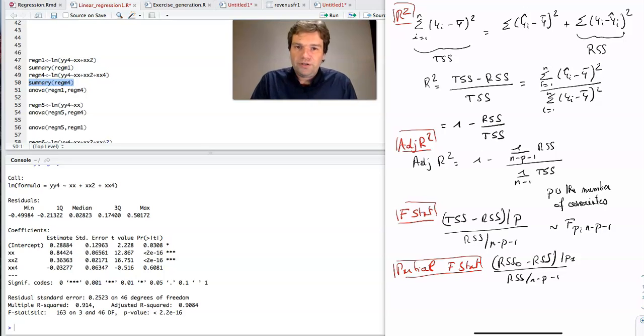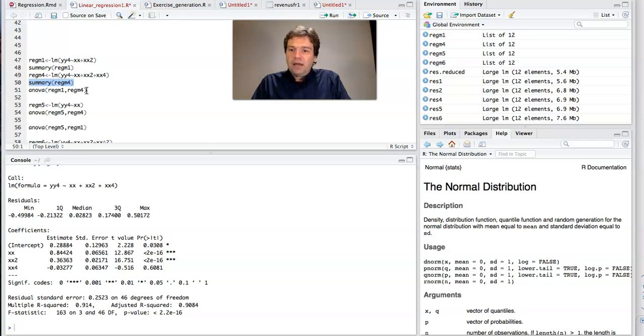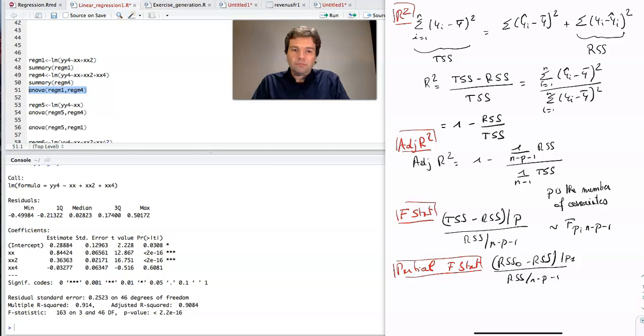To answer that question, we are going to apply this ANOVA function here. In this ANOVA function, you are going to introduce regm1 first and regm4. Regm1 corresponds to the case where we have 2 covariates, x6 and x62, age and education level, that have an explanatory power.